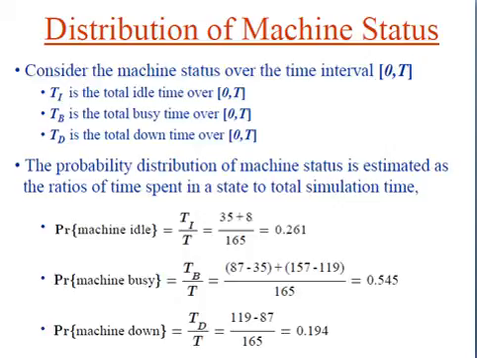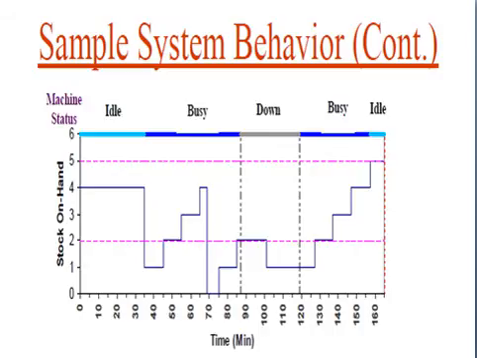Okay, third one is machine downtime. So that's basically 119 minus 87 divided by 165. That's giving you a result of 0.194.